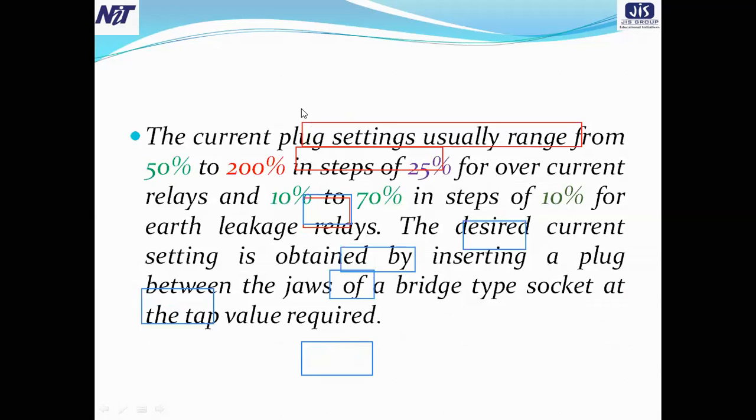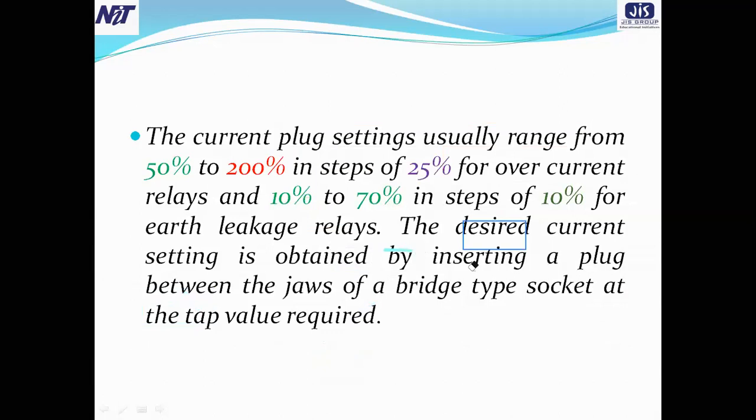Now the current plug settings usually range from 50% to 200% in steps of 25% for overcurrent relays and 10% to 70% in steps of 10% for earth leakage relays.